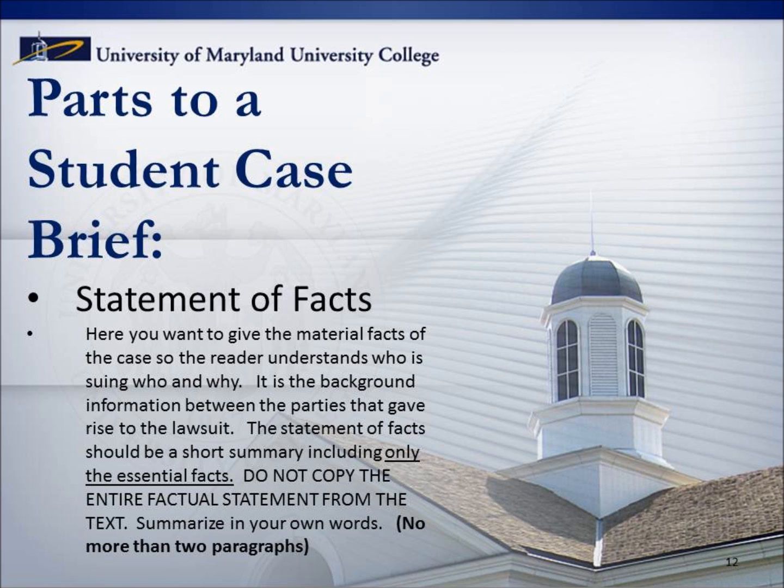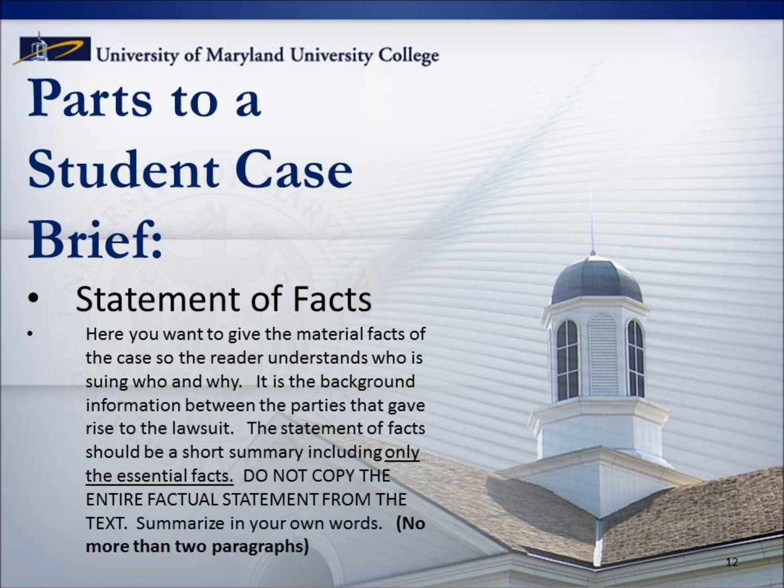Now comes the statement of facts. So once you give the style of the case in a short procedural posture, then you go into the facts of the case. Now, you do not want to cut and paste the facts from the case. You want to summarize them very quickly in a short little paragraph, single-spaced, basically giving the material facts, the background information to the reader so that they know what the case is all about.